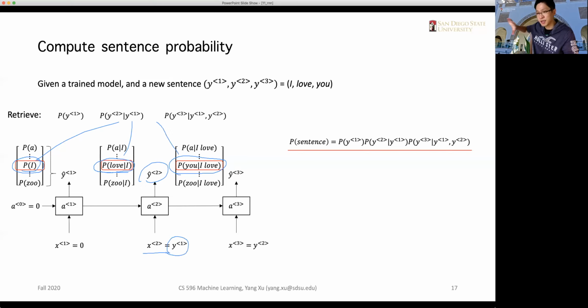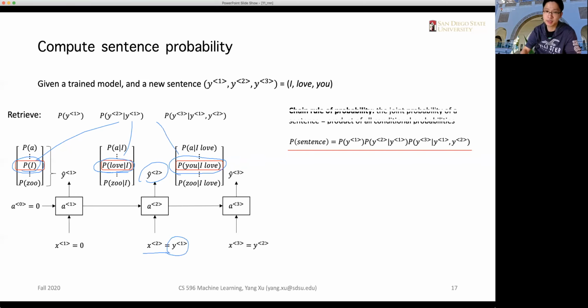No matter what the length of your sentence is, you can always carry out this chain rule by multiplying a bunch of probabilities together. Okay, so this is the result. What we get is the joint probability of a sentence. It's basically the product of all the conditional probabilities of all the tokens in a sentence.